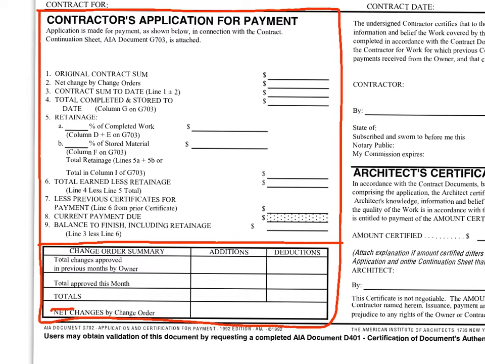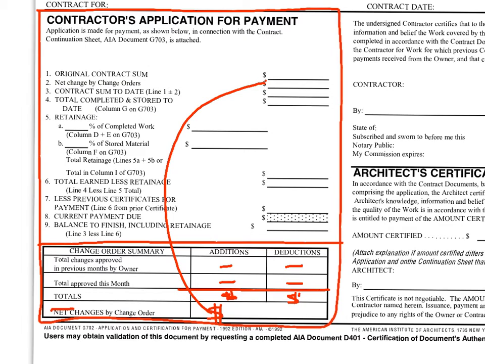It's an area where you detail the total changes approved in previous months by the owner, whether they're adds or deducts, the total additions and deductions approved this month. That would give us a total add and a total deduct, and those two added together would give us the net change by change orders to date, and that value will relate directly to line 2 above.